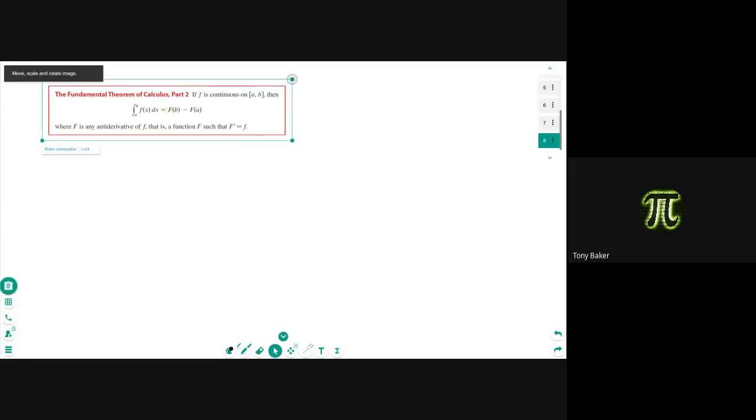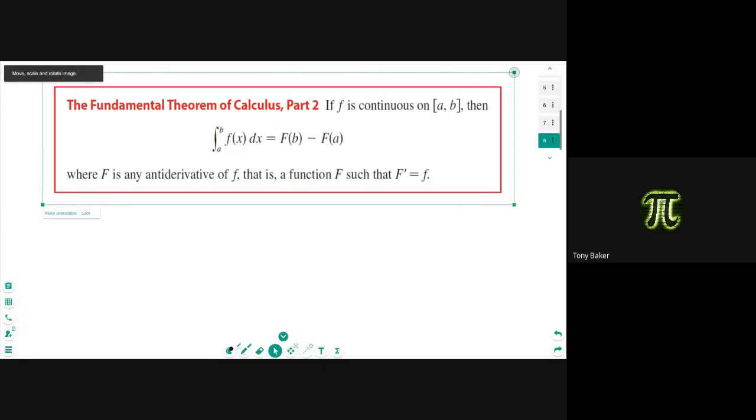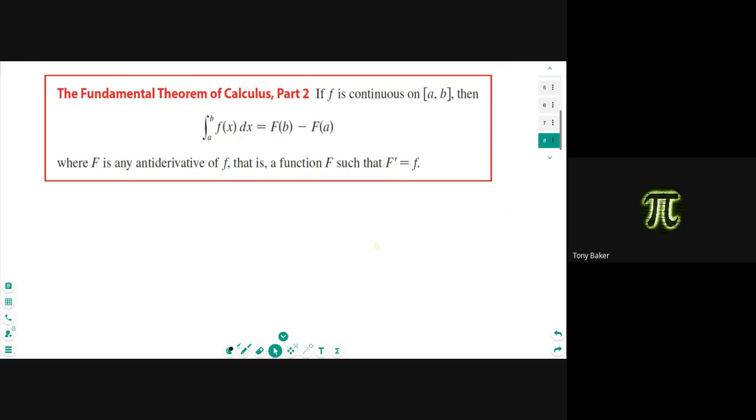This one we've actually already done. The fundamental theorem of calculus part 2 just says that we can plug those pieces in and actually find the answer.